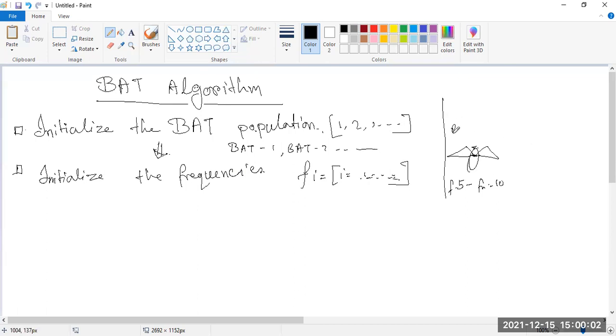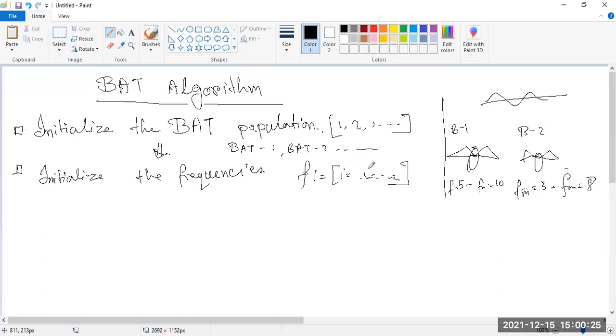This is bat 1. For bat 2, its frequency is the frequency of the wave. The minimum frequency is 3 and the maximum frequency is 8. In this way its frequency is there.